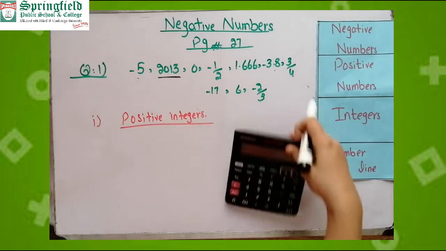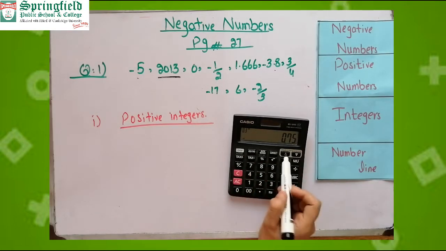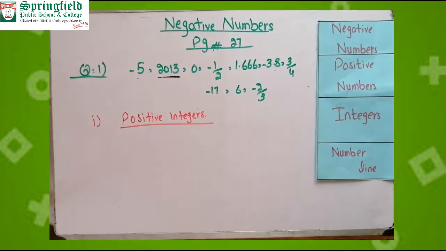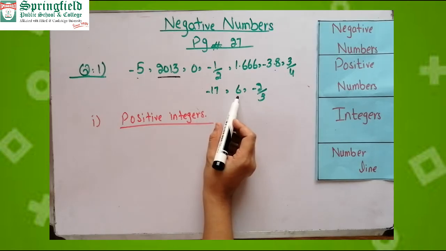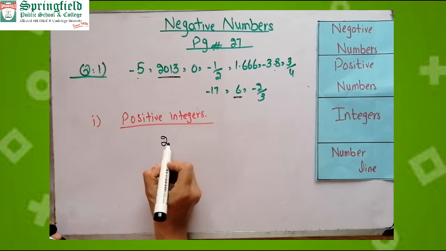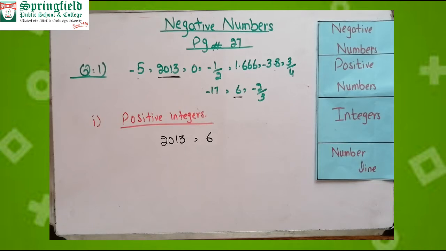Because when we solve 3 by 4, we obtain 0.75, and this is a decimal number. Minus 17, no. 6 is a whole number, yes. So there are two whole numbers, 2013 and 6. Understood?